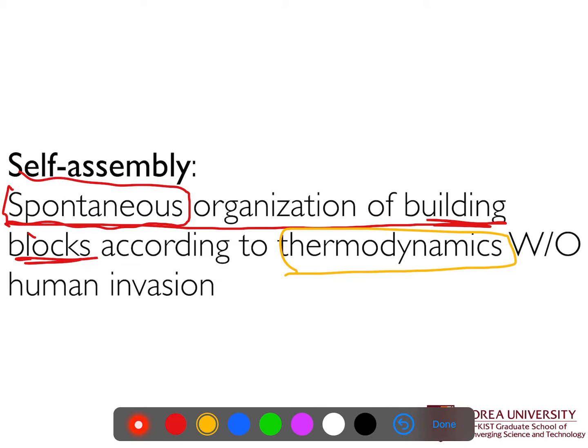That's the reason why I added 'without human intervention'. According to the specific thermodynamically favorable state, the initially randomly dispersed building blocks can be assembled into the pattern or specific structure, much like the protein machines found in our body.